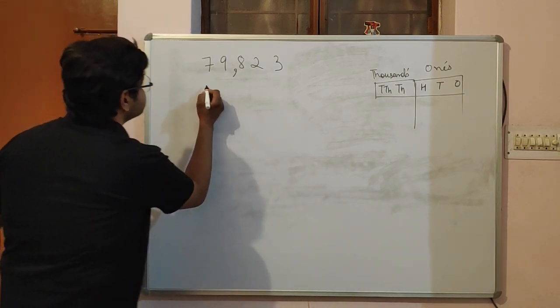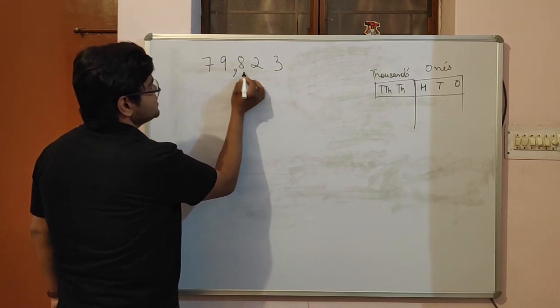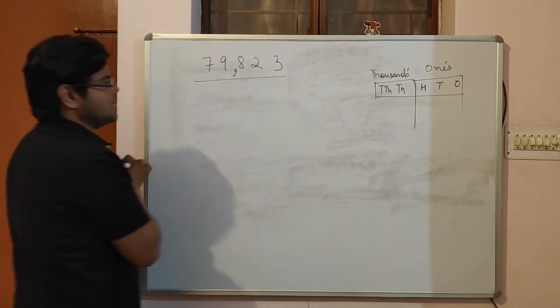So the number written here, 79,823, is in standard form.